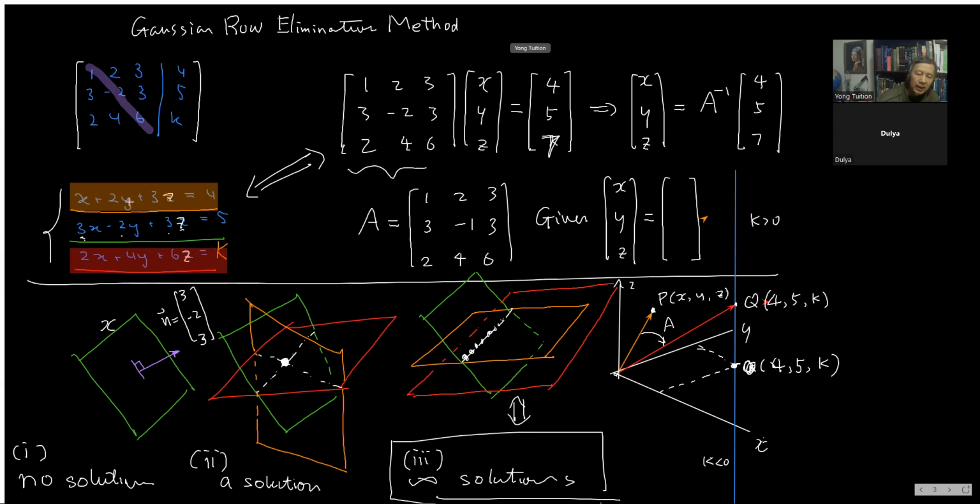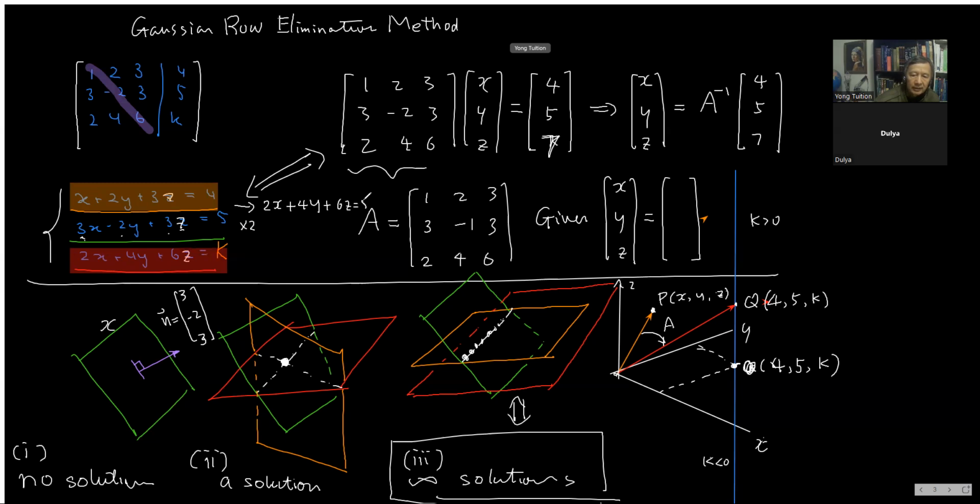The direction vector of the first and third one are the same. Do you agree? Except this is just doubled. So what would happen? If you just multiply the first equation by 2, we would obtain 2x plus 4y plus 6z equal to 8.